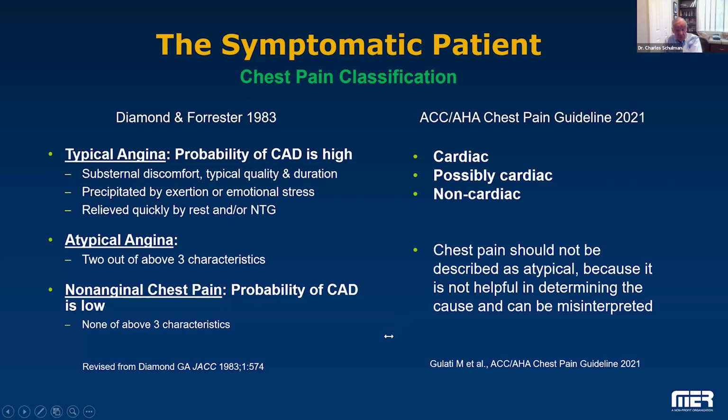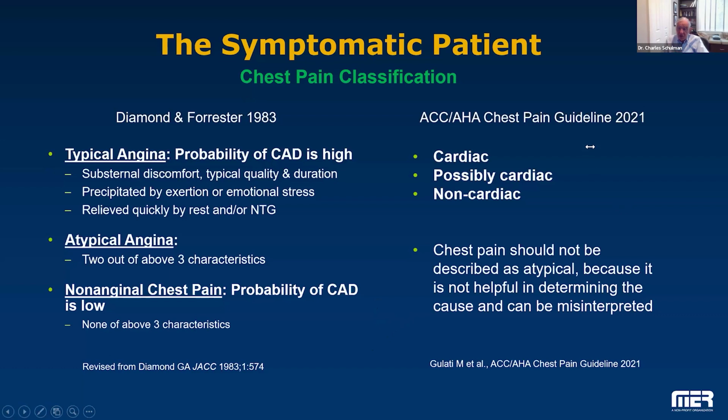Atypical pain could be close to concerning for coronary artery disease. On the other hand, it could be sharp stabbing on the left lateral chest, pleuritic. It's atypical, but that doesn't help you.